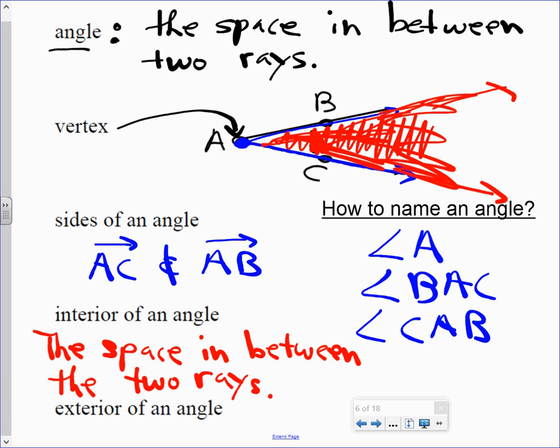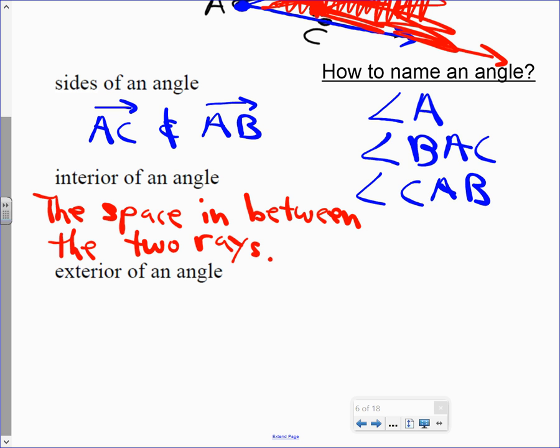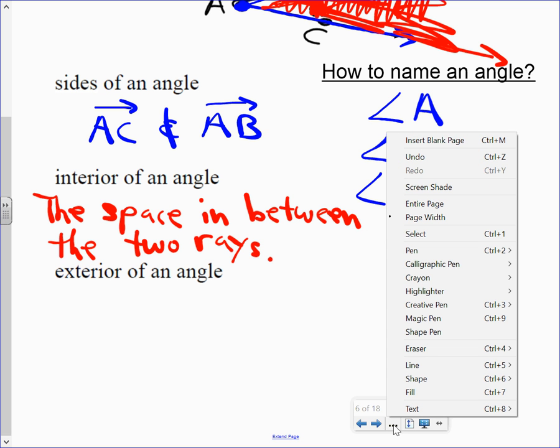So what I'm coloring in red is the interior of the angle, and the exterior, obviously, is the space outside the two rays.